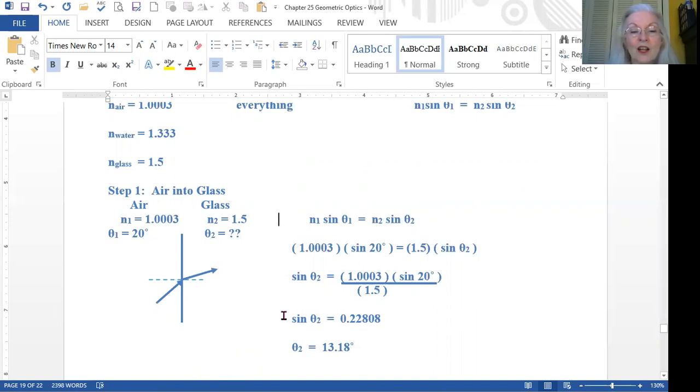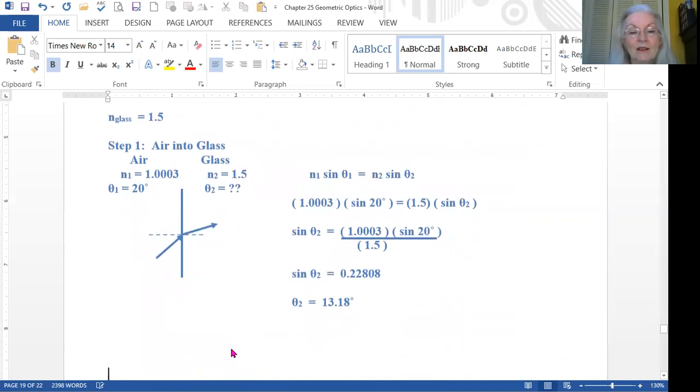If you don't know how to go from sine theta equals 0.22808 to theta equals 13.18 degrees, you need to ask me for help, and I will show you how to do it on your calculator. So now what we know is this little angle. That's the angle where we enter the glass at, 13.18 degrees.